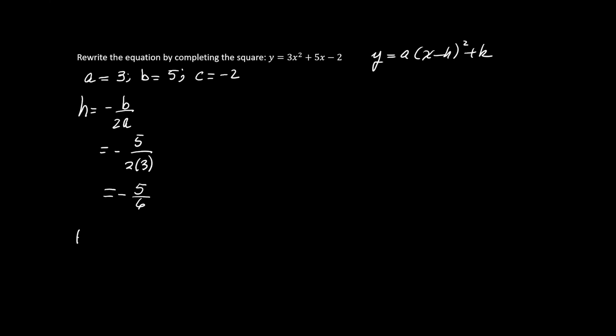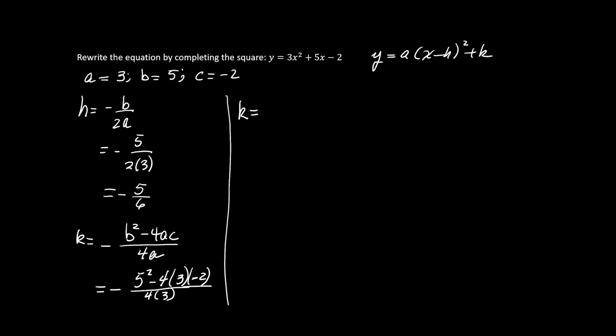I'll do k both ways as well. It equals negative, here's the 4, and the a is a 3. On top, what do we have? b squared, 5 squared, minus 4 times a times c. Just read them off of here.